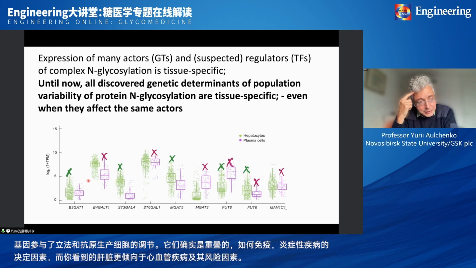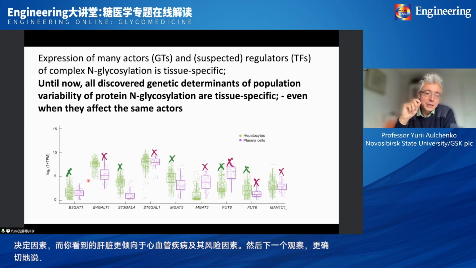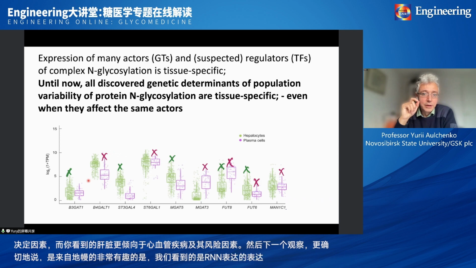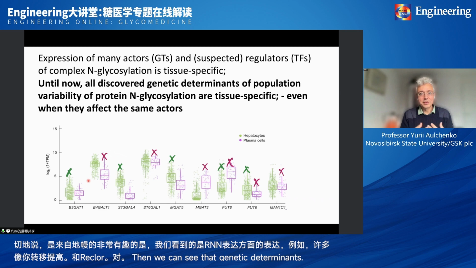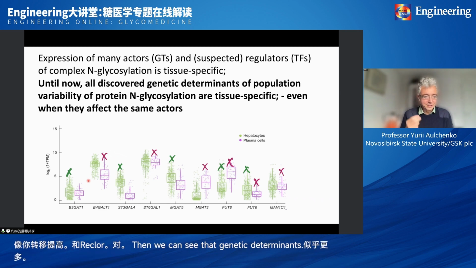Then the next observation, which is rather fundamental and quite interesting, is that in terms of RNA expression, for example, many glycosyltransferases and regulators of glycosyltransferases are tissue specific, right? But genetic determinants seem to be even more tissue specific than the expression level regulation.